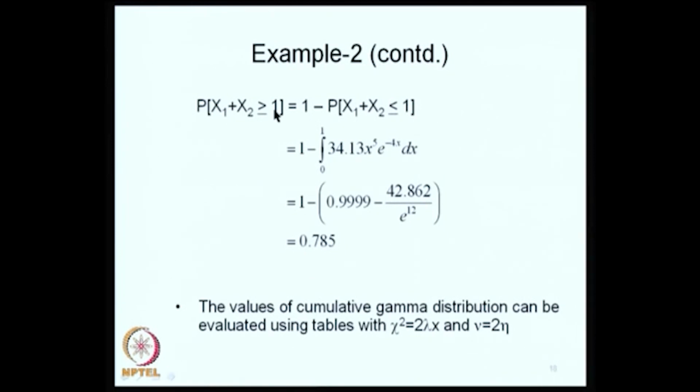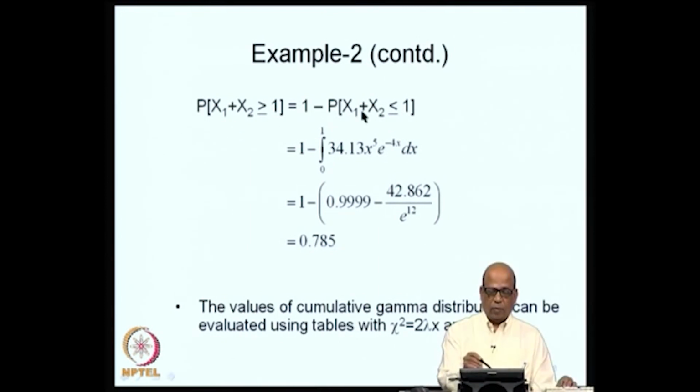So, we are now talking about the probability that x 1 plus x 2 is greater than or equal to 1, which is equal to 1 minus probability of x 1 plus x 2 less than or equal to 1. We use the PDF associated with the random variable x 1 plus x 2, which is this PDF now, and then integrate between 0 and 1 and get the probability as 0.785.